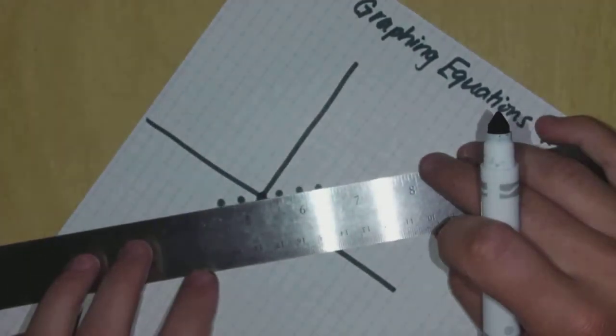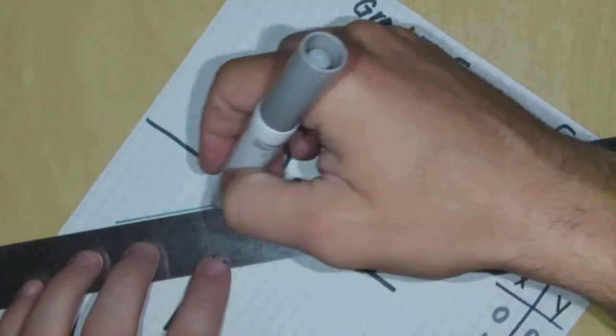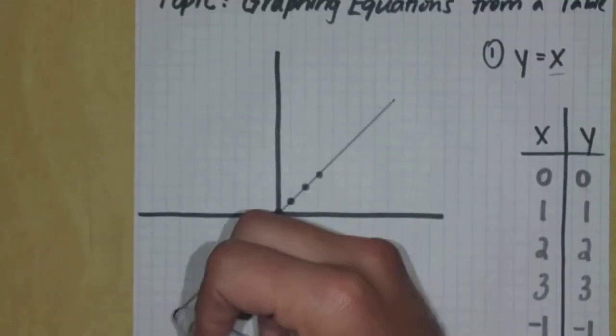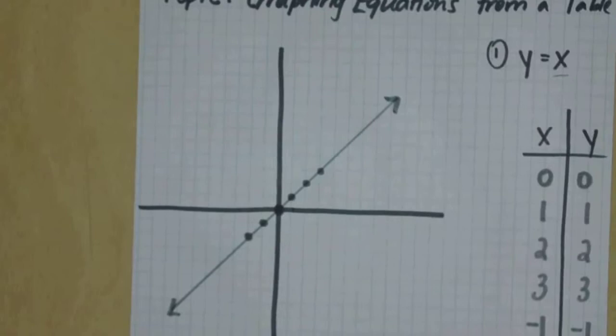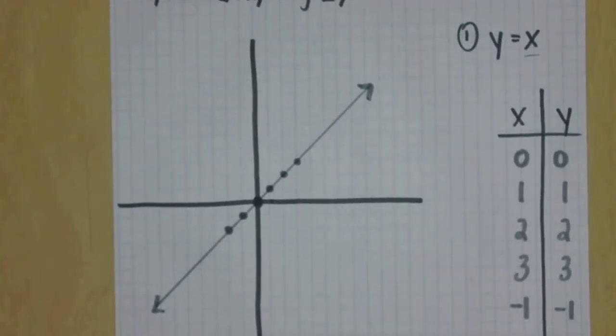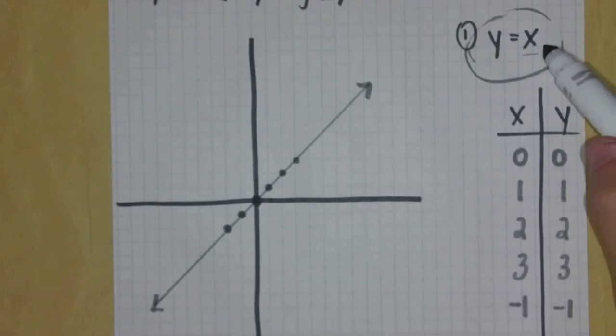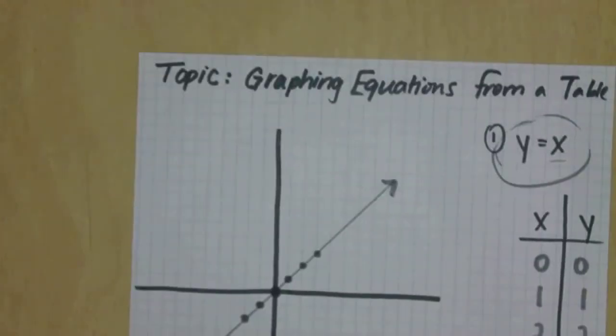Let's go ahead and graph that line right through those 6 points, and like I said, that creates that diagonal line right through the origin. Y equals x. This is known as the parent function of a lot of linear equations, this being the main one. So let's use that.